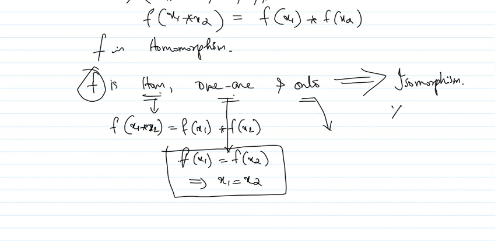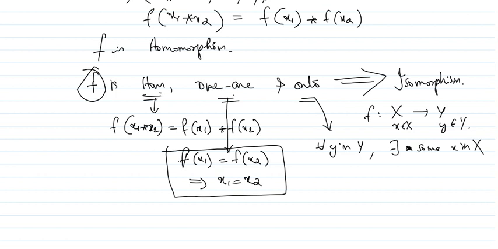For every y in y, we have to get some x in x such that f of x is equal to y, that is, the image of x under f is equal to this y.